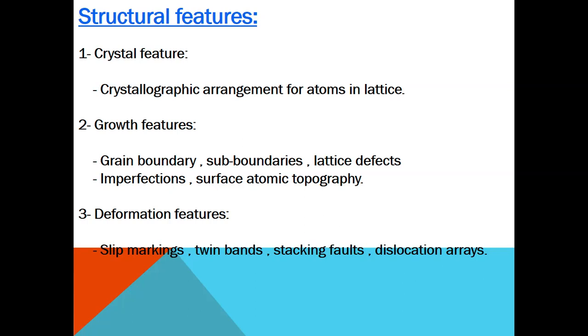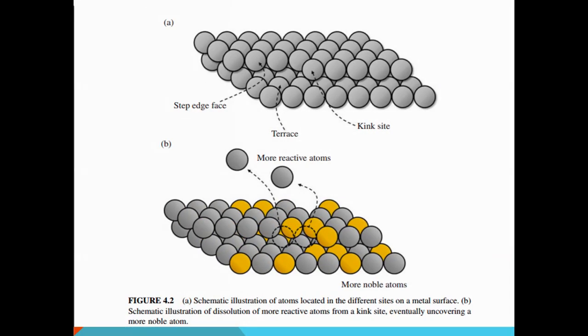Three deformation features: slip markings, twin bands, stacking faults, and dislocation arrays. This figure is a schematic illustration of atoms located at different sites on a metal surface.